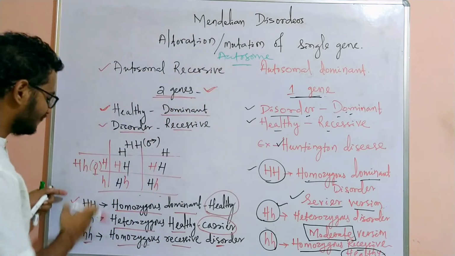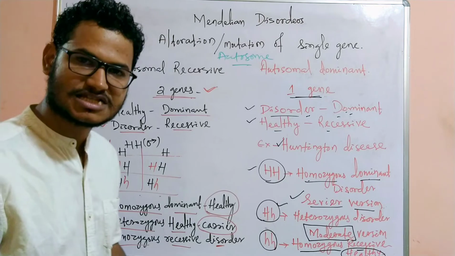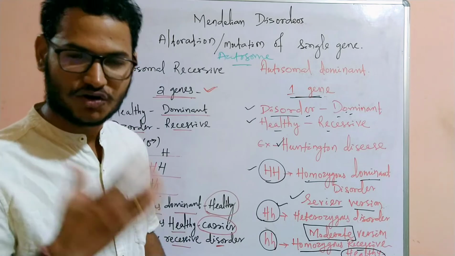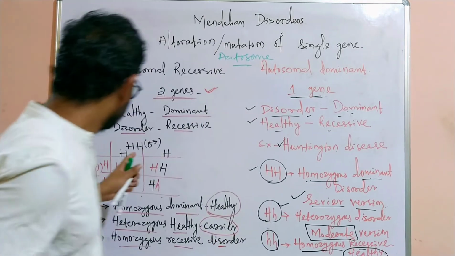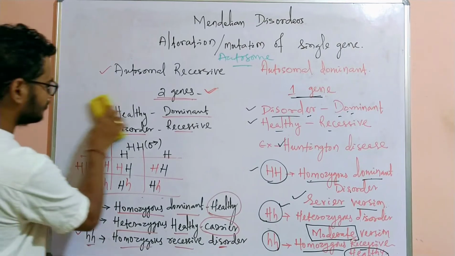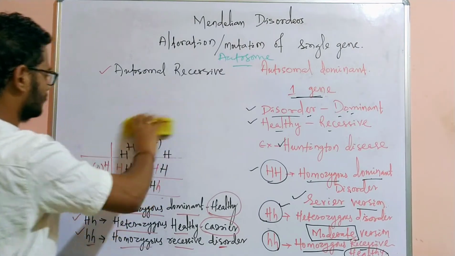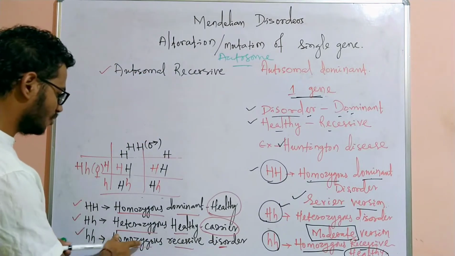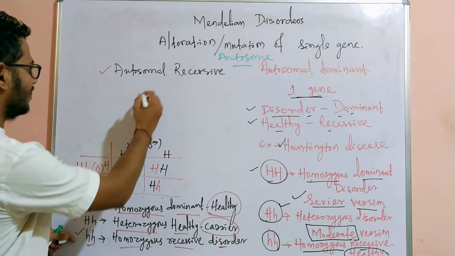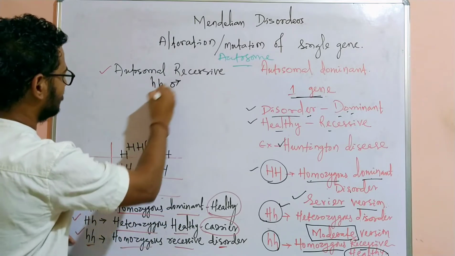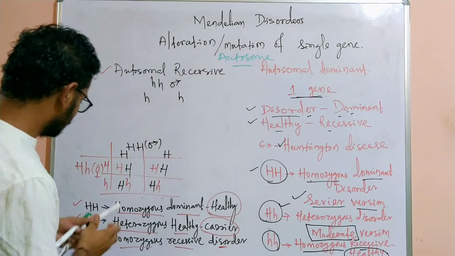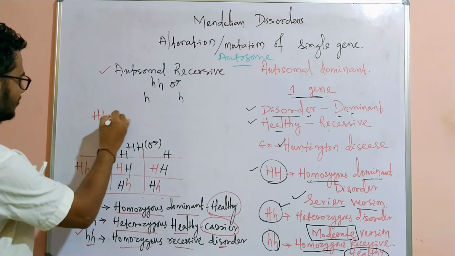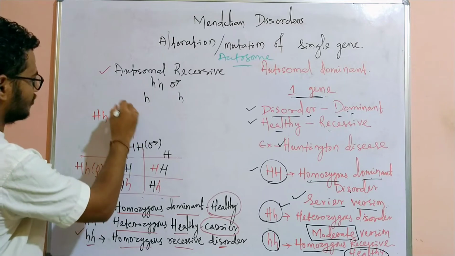Okay, so we can take different conditions and make different crosses to find out the proportion or ratio by which the children will be affected or carrier or healthy. Okay, so we can make another cross like this. Look, when we have a homozygous recessive father, means these are the sperms, and a heterozygous healthy or carrier mother, these are the conditions of eggs.